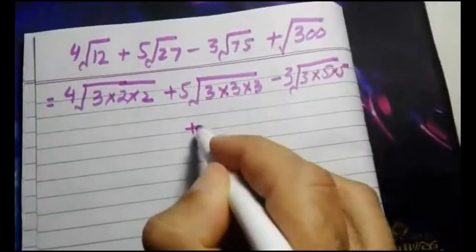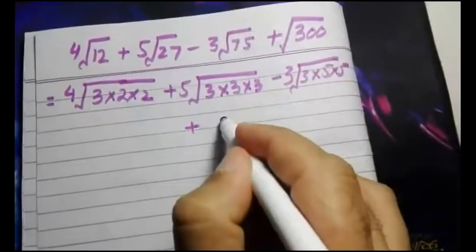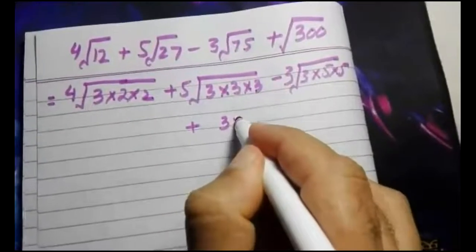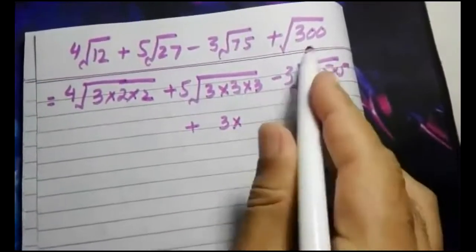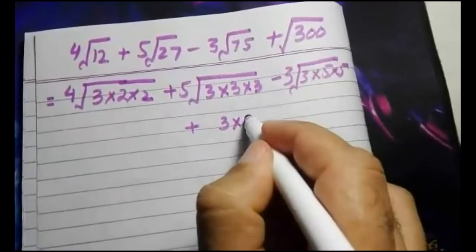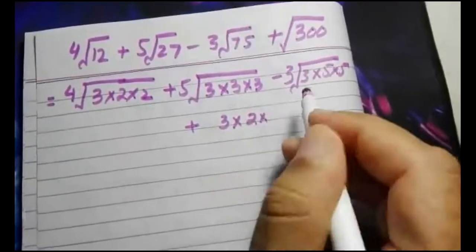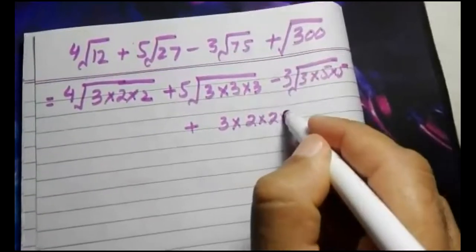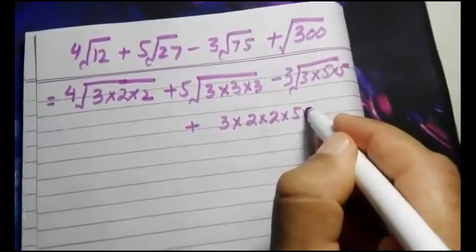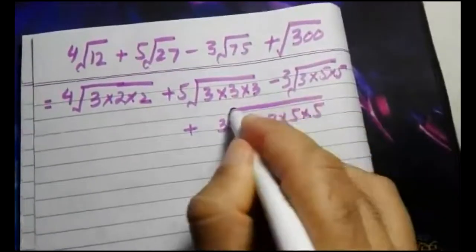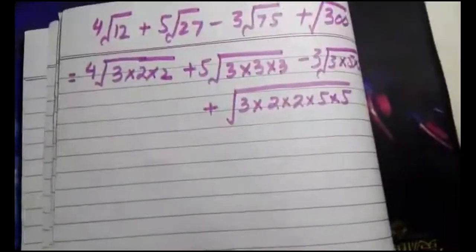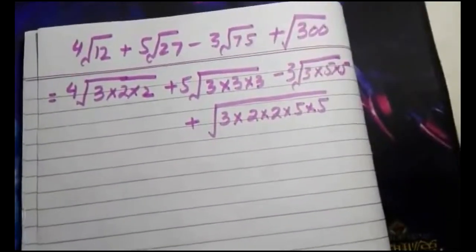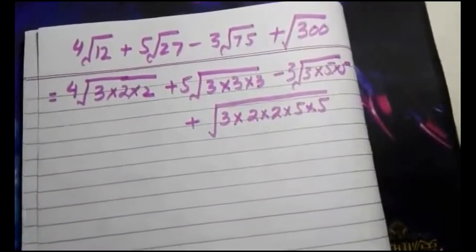And 300 will be written as 3 times 100, and 100 will be broken down like 2 into 2 into 5 into 5, like this. So what I have done, that I have transformed all the numbers in the radical sign in prime factors.